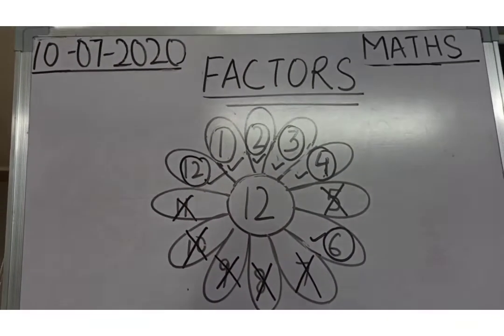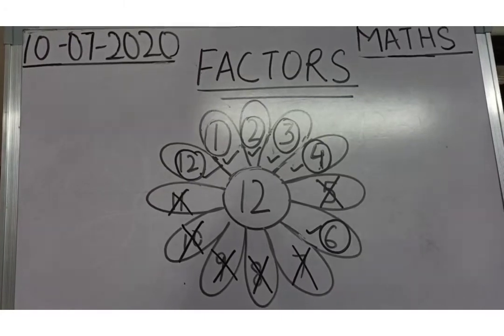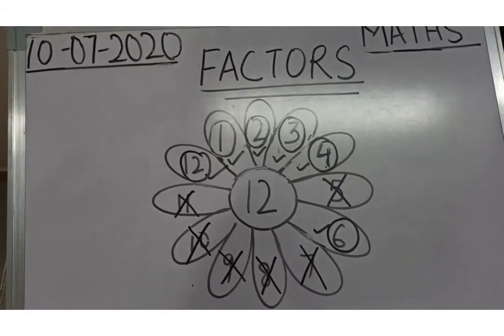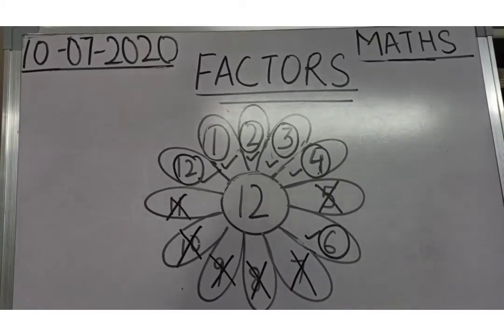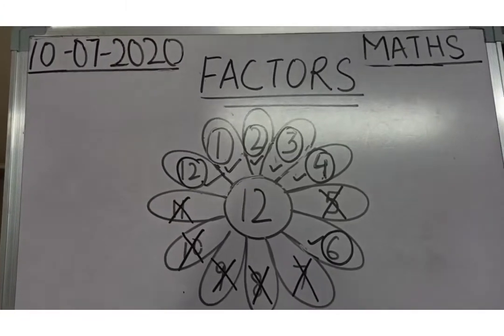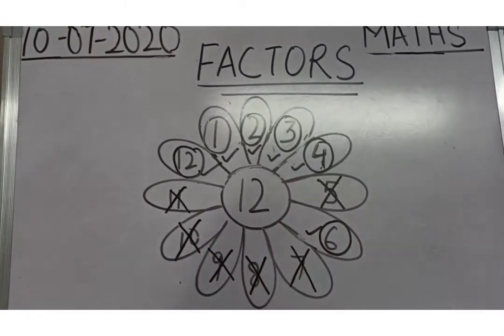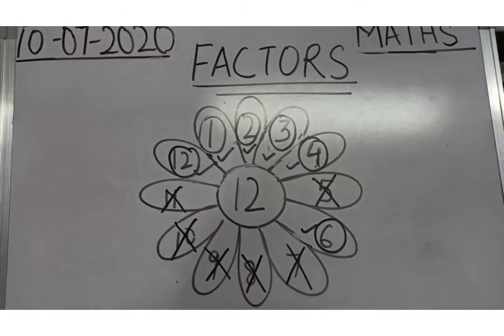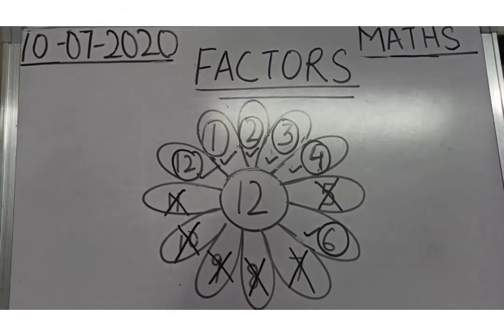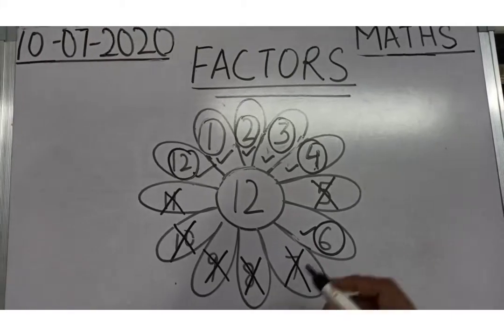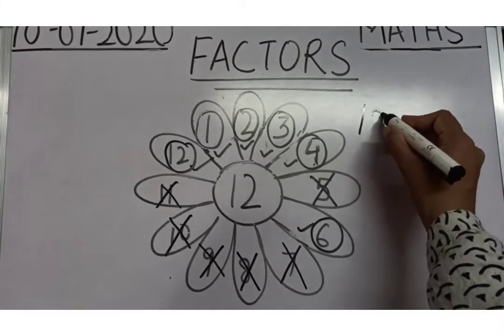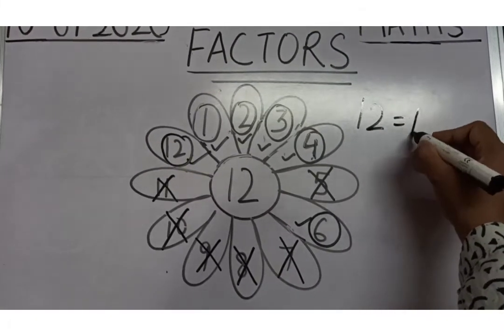Now, if you see students, we have just found out the factors of number 12. It means the number 12 comes in all these numbers which are circled. And now if I have to arrange them properly, I'll find out that 12 comes in 1's table.